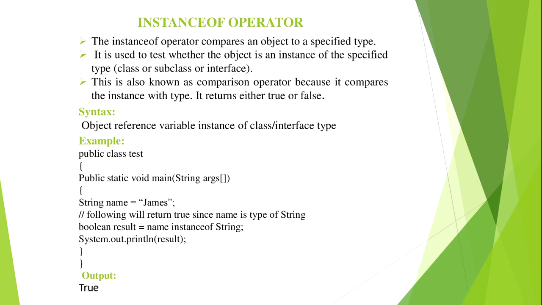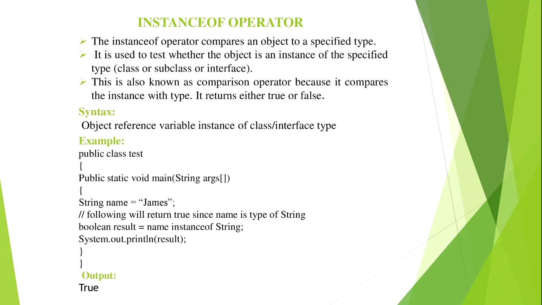So how to test? I write here boolean result equal to name instanceof String. See, I just followed the syntax here: the object reference variable name, then the instanceof reserved word, and then the class name String. And yes, of course, here name is the object of the String class.